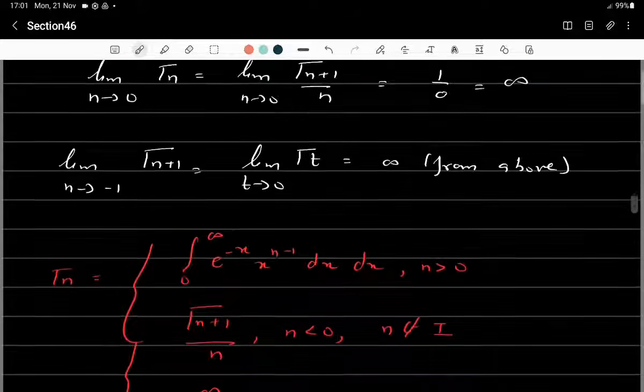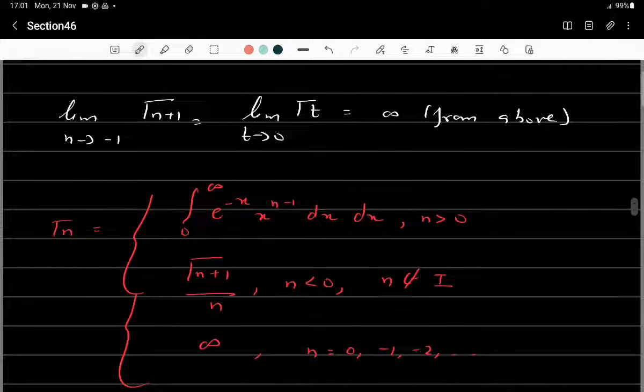So from here you can observe that when n is greater than 0, gamma n is defined by the definition. When n is not an integer and n is less than 0, gamma n is defined as gamma n plus 1 by n. And when n is a negative integer or 0, then it is not defined.